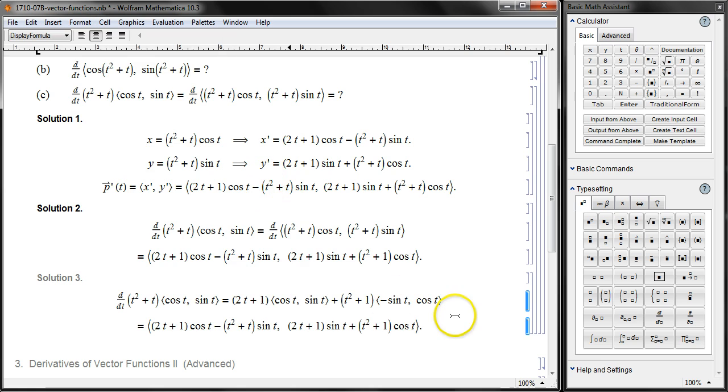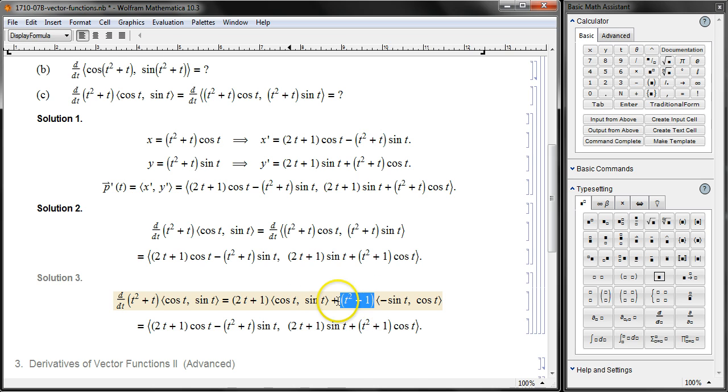We are using the product rule where my first function u is a scalar and my second function v is a vector function. So this is my u prime, the derivative, times the second function, no change, u prime v, no change in v.